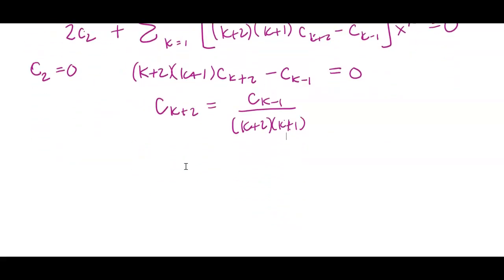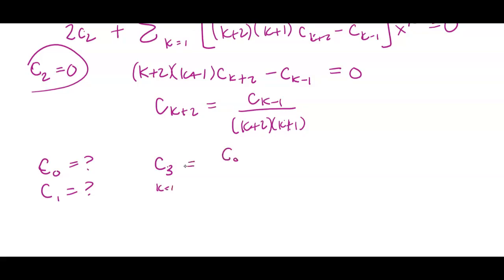All right, well, I don't know what C0 is. Okay, there we go. C0, don't know. C1, don't know. C2, all right. C3, which if I'm finding C3, that means that k equals 1, right?